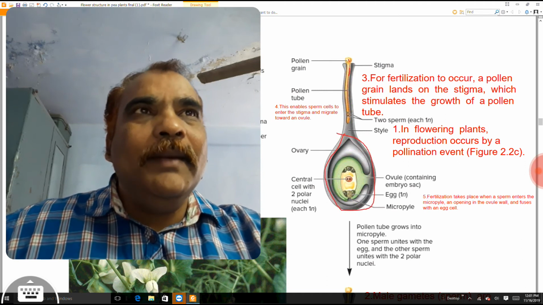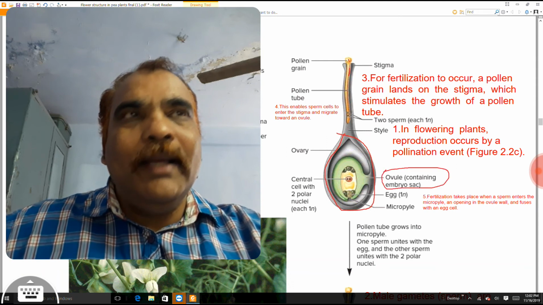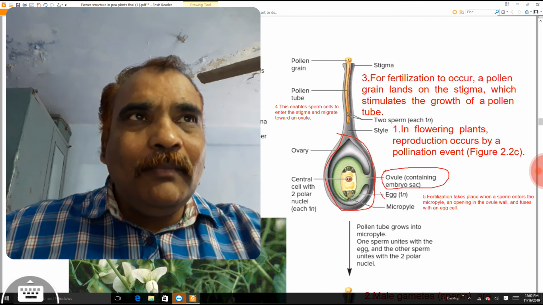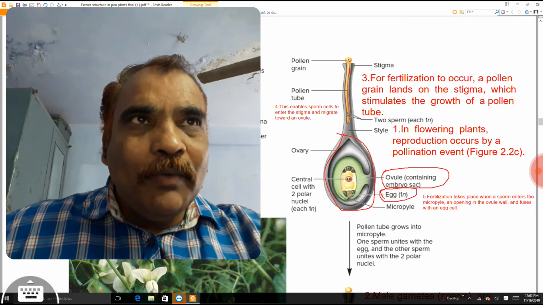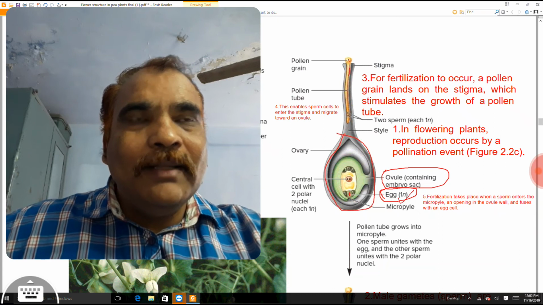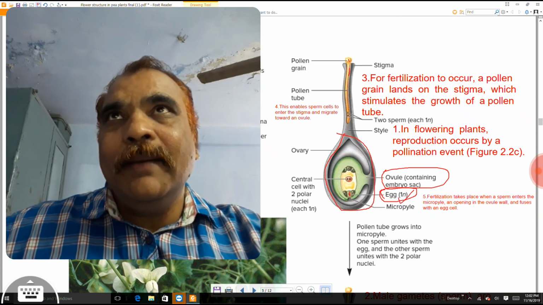In the ovary, there is an ovule containing the embryo sac. Over here the egg cell is shown, and in the egg cell one set of chromosomes, a haploid set, is present.